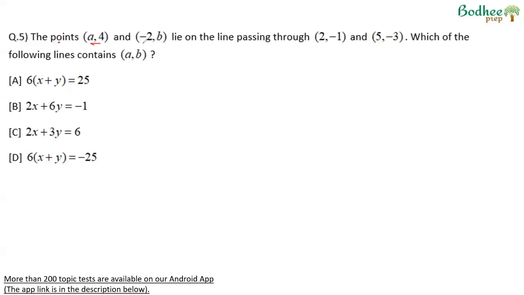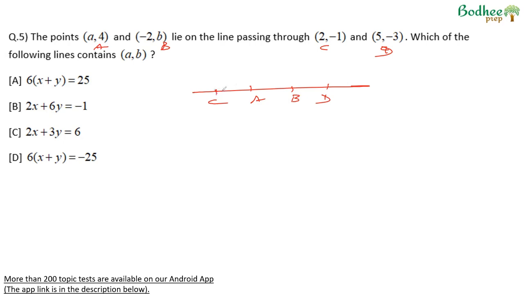The points (4, minus 2) and (a, b) lie on a line passing through (2, minus 1) and (5, minus 3). Which of the following contains a and b? Okay. Now, suppose this point is A, this point is B. This is C, this is D. It says that A, B, C, D are on the same line, whatever their positions are.